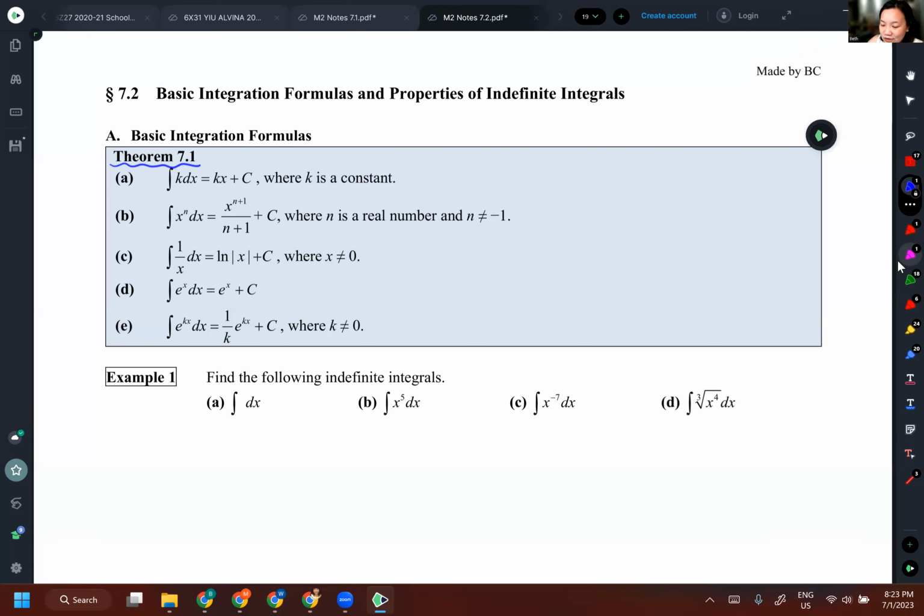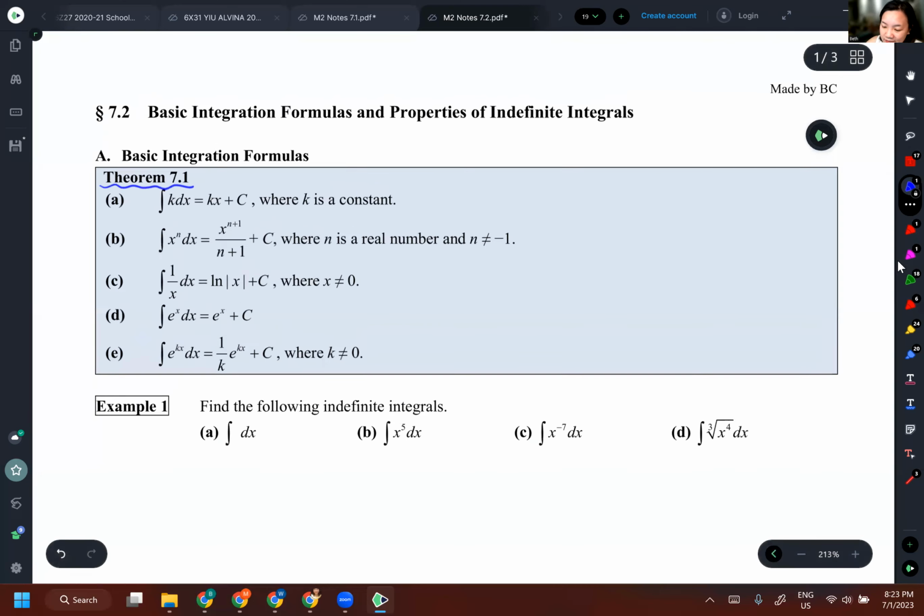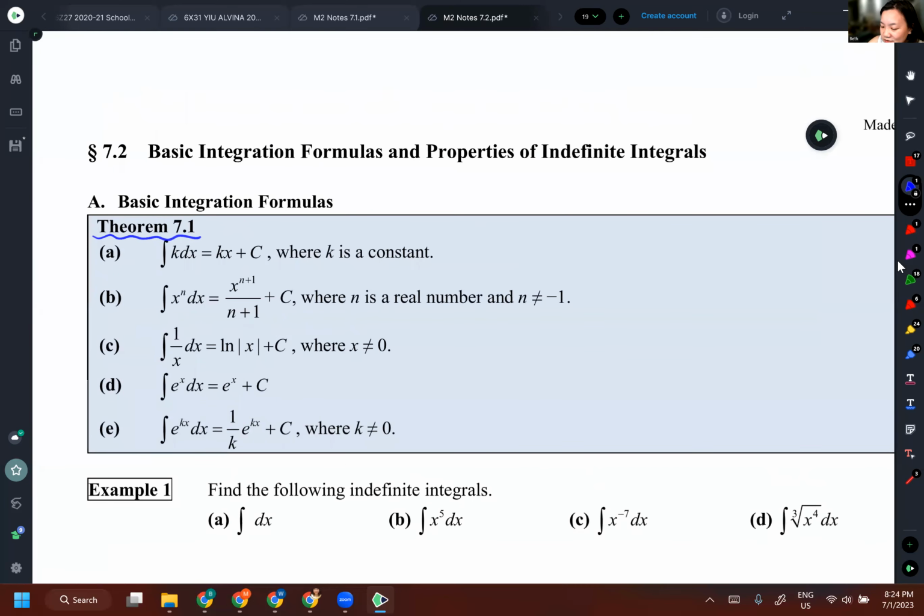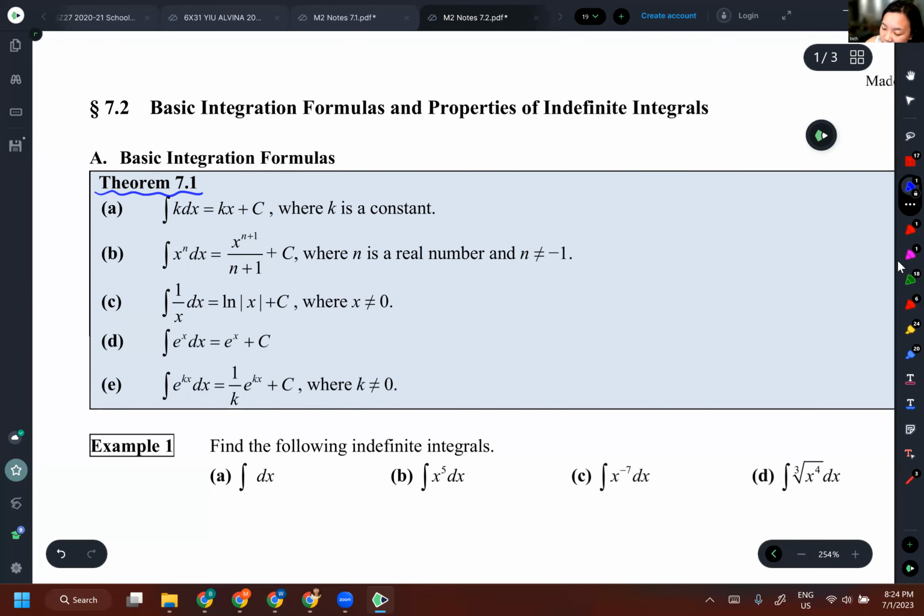For example, why is A correct? I'll just write in a marginal place. A is correct because kx prime equals k. Therefore, the integration is correct.